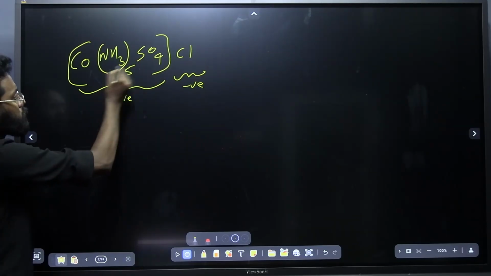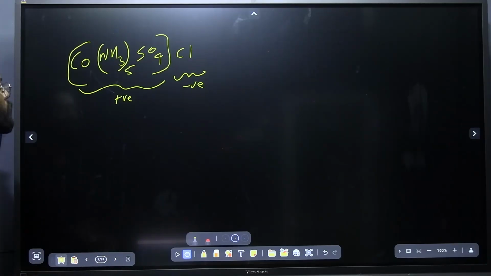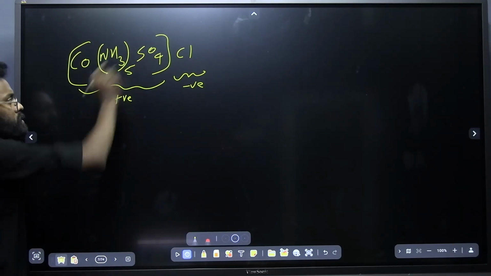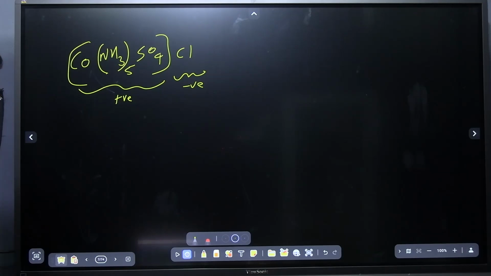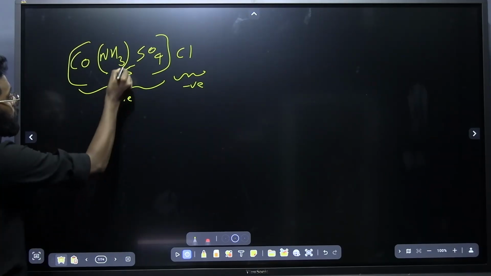In this, there are two ligands, amine and sulfate. Which one will we name first, amine or sulfate? Amine, and after that sulfate, because alphabetically we have to go through it. How many amines are there?